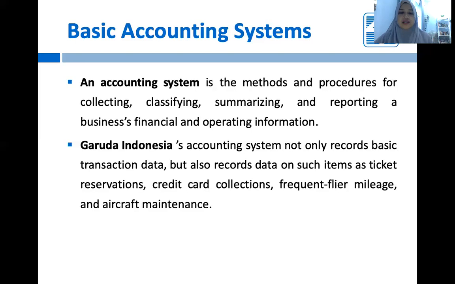They need a system to record the ticket reservations, credit card collection, and then the aircraft maintenance. There are so many elements to fulfill the main operation of the business itself. Other types of companies also require a specific accounting system which can accommodate their operational activities.